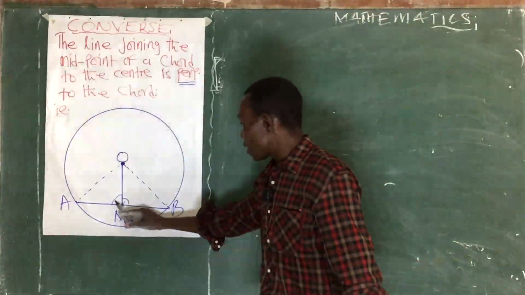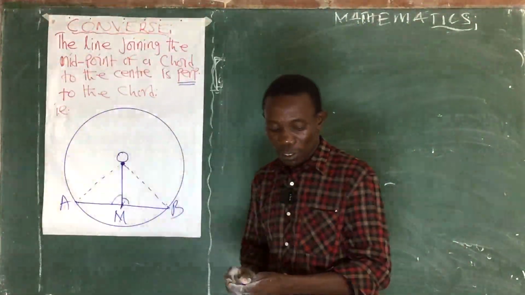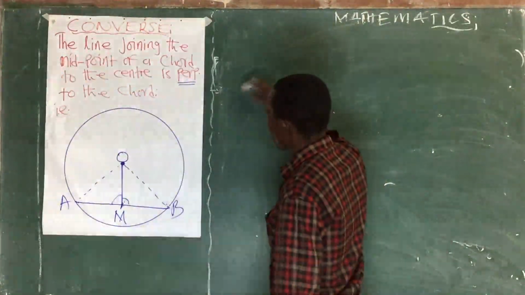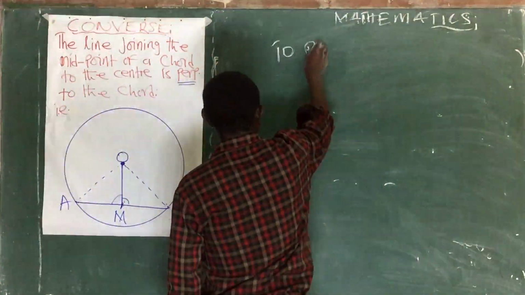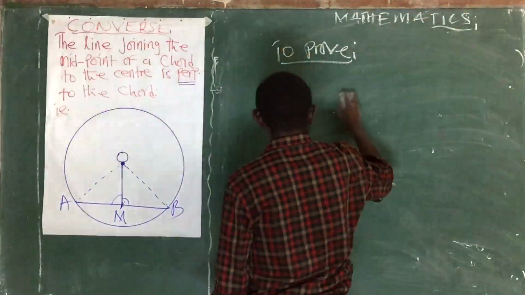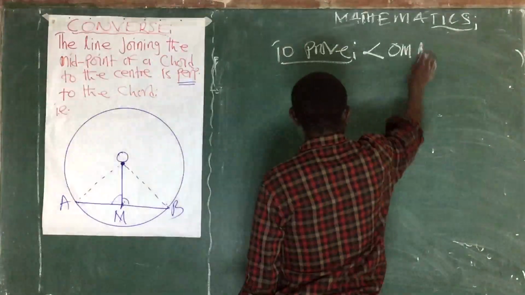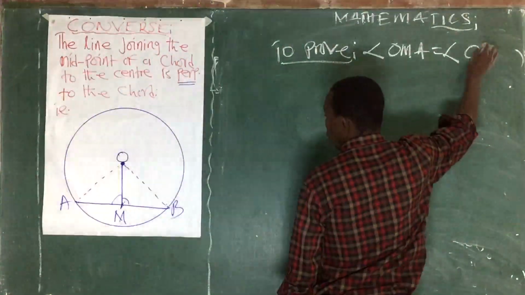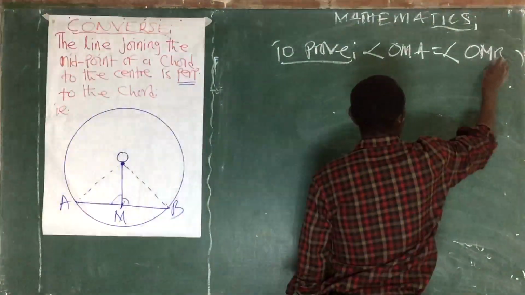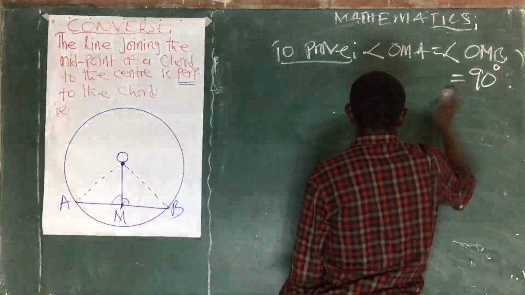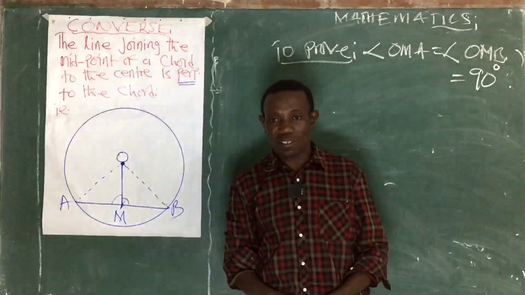This one should be 90, that one is 90. Right. So I may write part of that to say: to prove that angle OMA is equal to angle OMB, which is equal to 90 degrees.